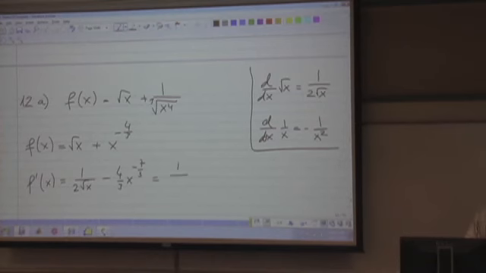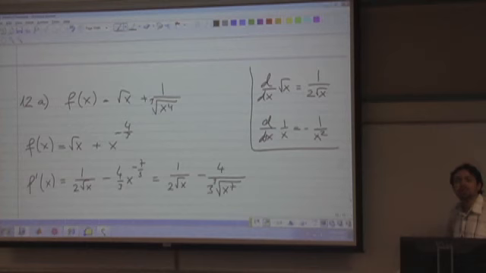And so it'll be 1 over 2 times the square root of x minus 4 over 3 times the cube root of x to the 7. Make sense? Is that it? No more simplifying? That's it.